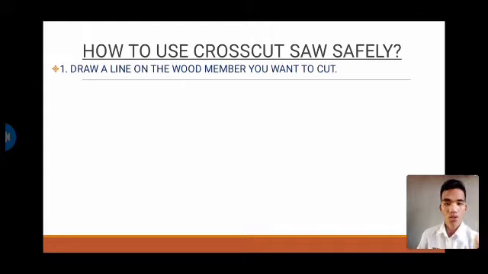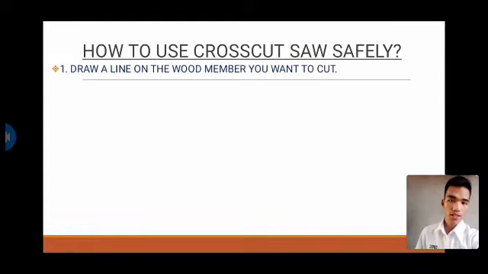Not just how to use it, but of course we need to consider our safety, because a crosscut saw is a hand cutting tool. It is also a little bit dangerous if we don't know how to be careful in using it. So for our safety, we need to draw a line on the wood member that we want to cut.